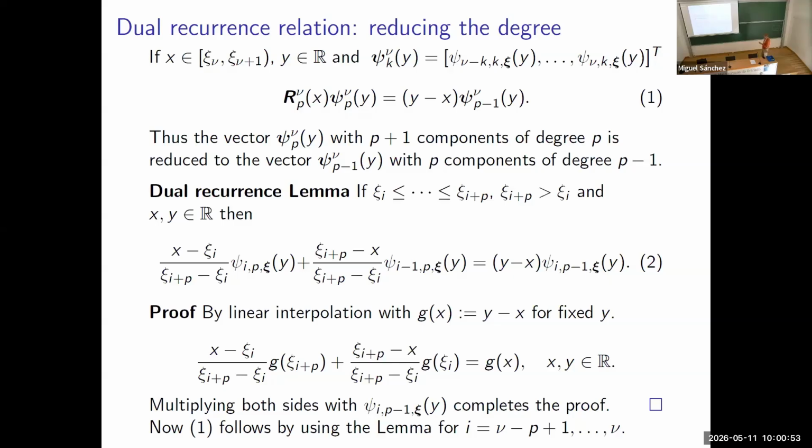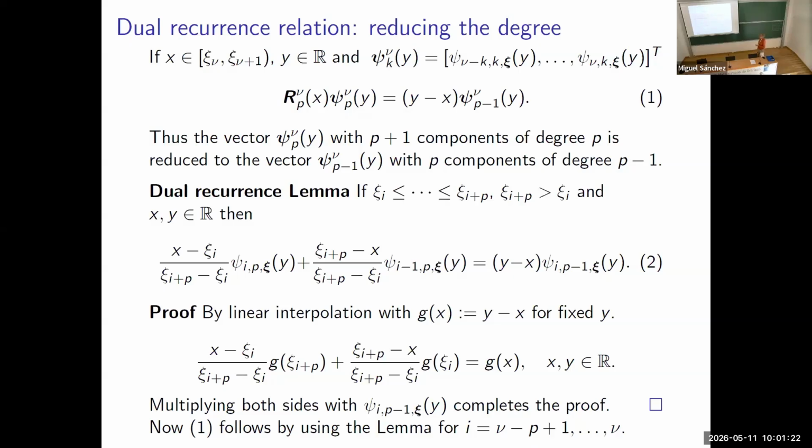If we multiply this column vector by the pth matrix, we get those of degree 1 lower, but with the factor y minus x in front. And that's what they call the dual recurrence relation.